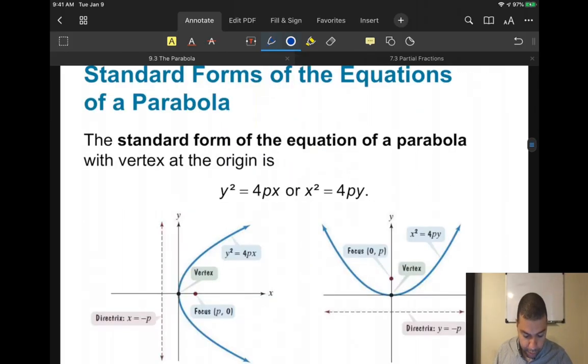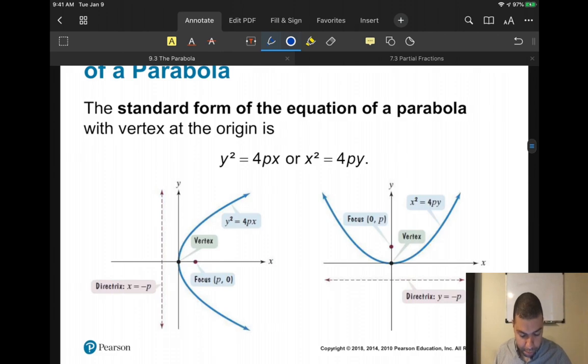But anyway, here's the standard form of the equation of a parabola when the vertex, the vertex being this point here, is at the origin. So it's either y squared equals 4px or x squared equals 4py, and that depends, right? The way I think about it is, what should be squared?